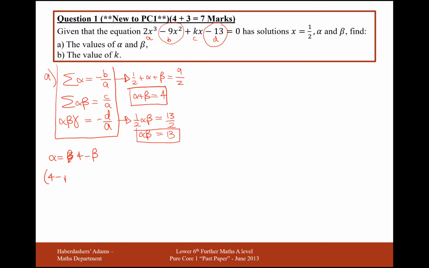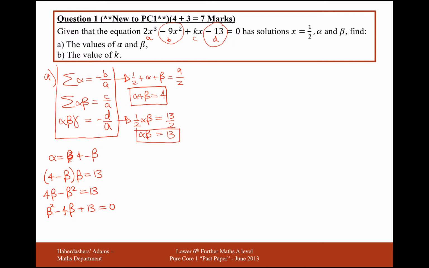4 minus beta times beta equals 13. 4 beta minus beta squared equals 13. Beta squared minus 4 beta plus 13 equals 0.